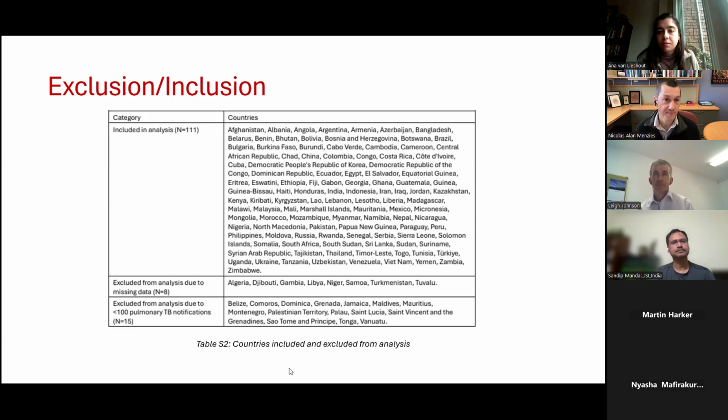So I think this analysis does show that false positives are a more prominent feature of TB diagnoses than maybe we would have thought beforehand. There's still a lot of uncertainty about the exact numbers. Yeah, thank you.